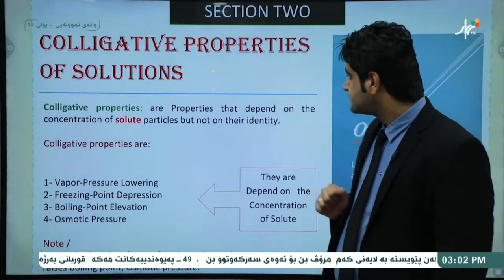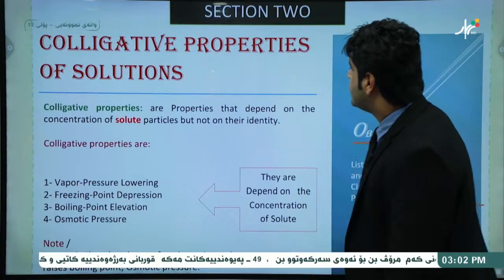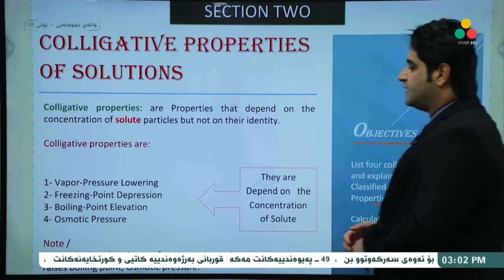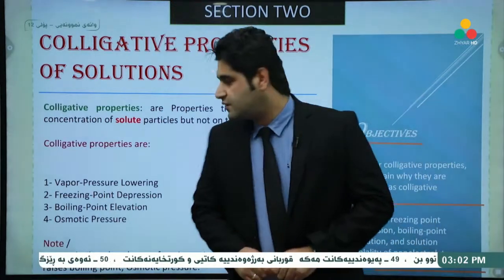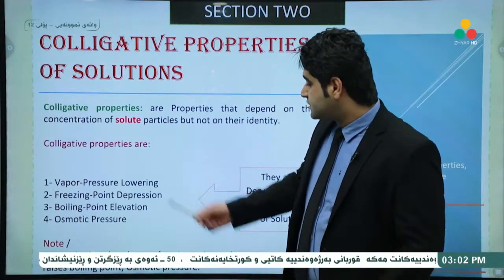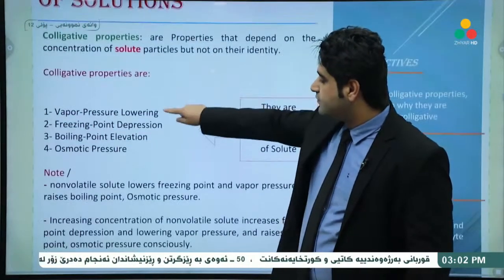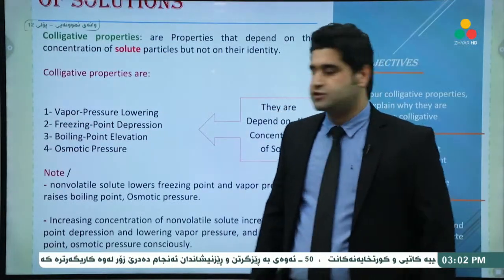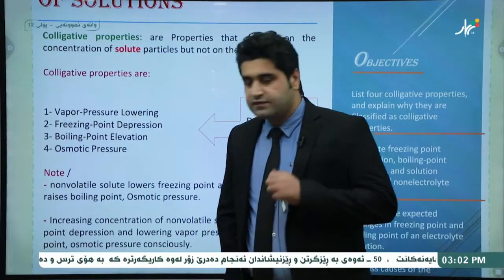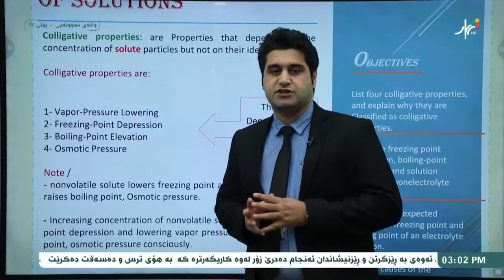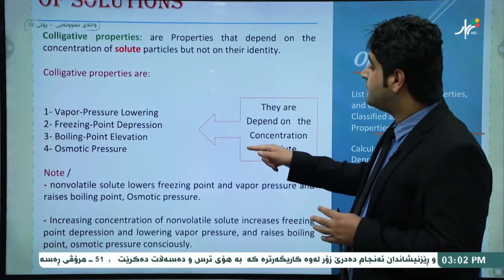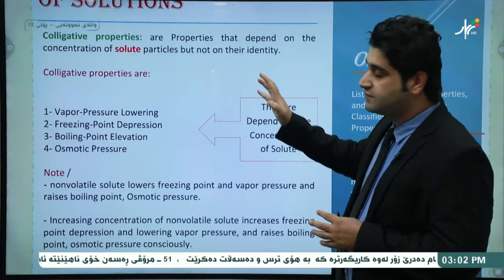About the colligative properties, we have 4 properties, which are vapor pressure lowering, freezing point depression, boiling point elevation, and osmotic pressure. So these are the 4 colligative properties.